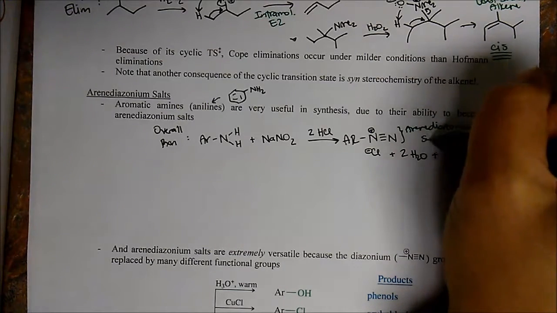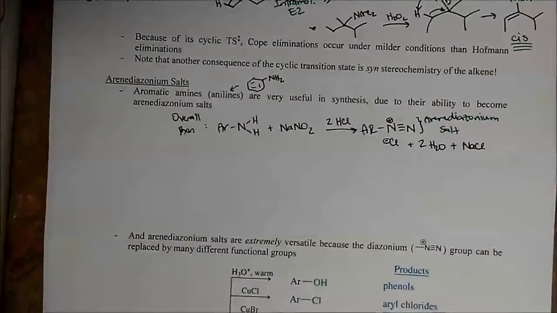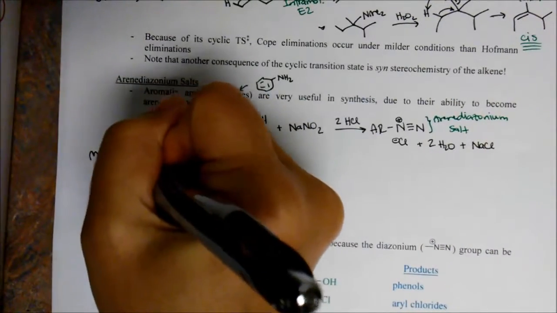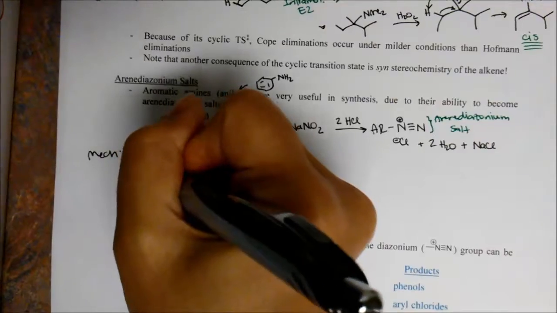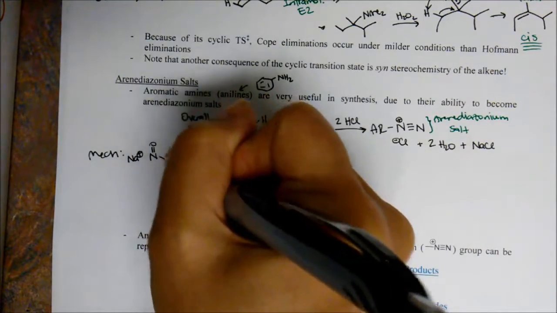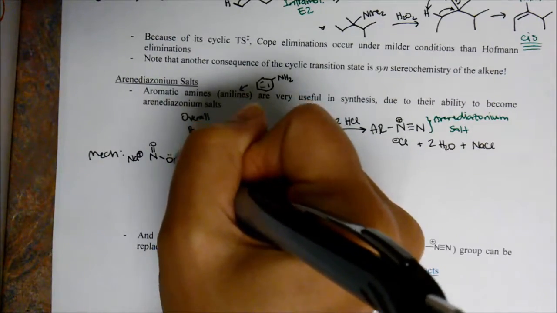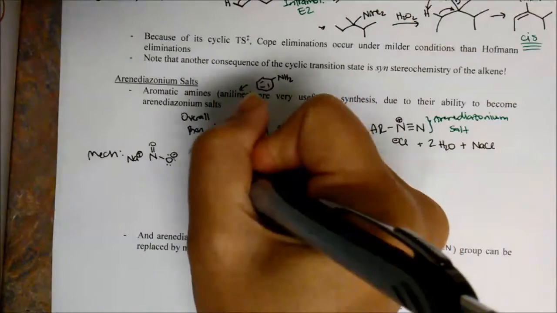Alright, how does this reaction work? It's kind of steppy, especially with some protonation, deprotonation steps, but it's not too bad. So you start off with the sodium nitrite first, NaNO2, and that minus charge in with the HCl.